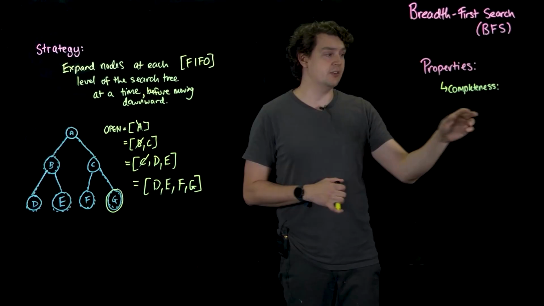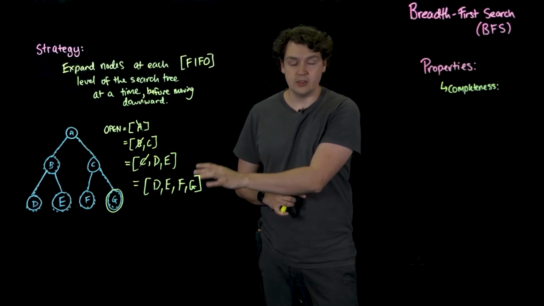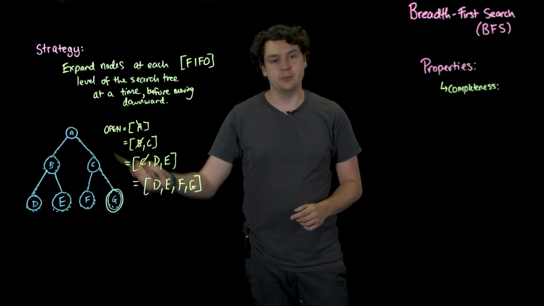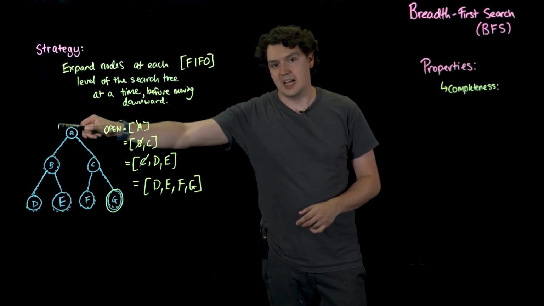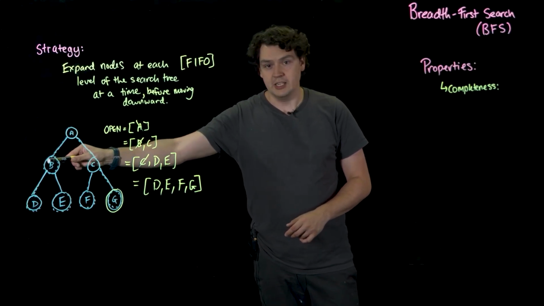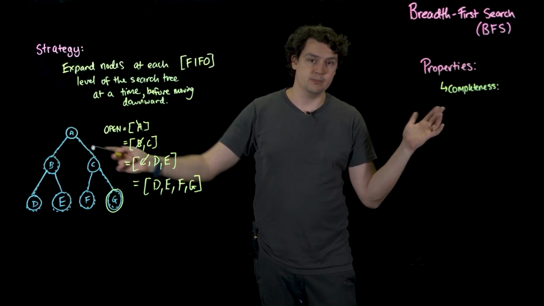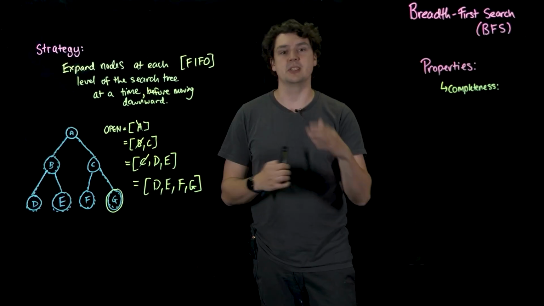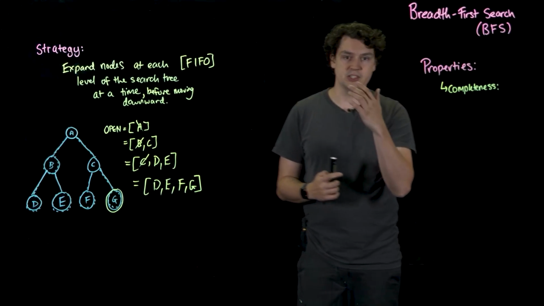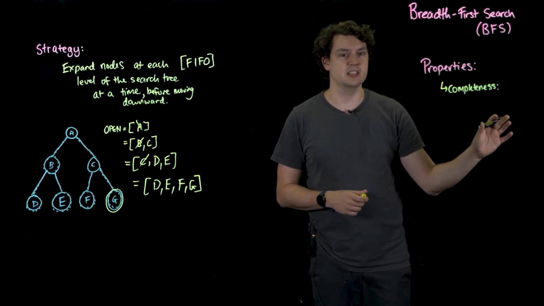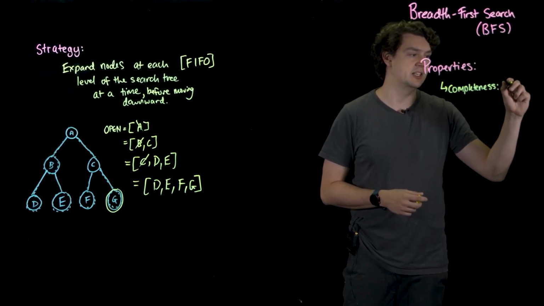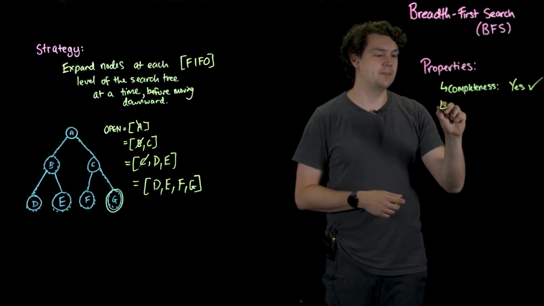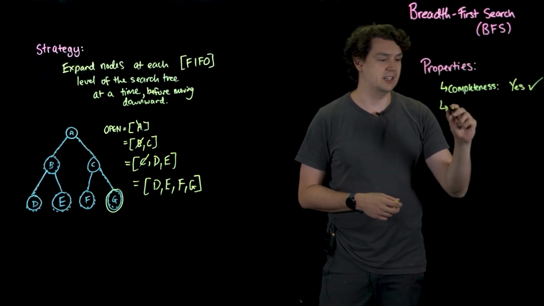In order for an algorithm to be complete, no matter where the goal node is, you need to be able to find it. It's pretty easy to see that as we progress radially outwards, if the goal was in level 1, it'll eventually be expanded. If the goal was in level 2, it'll eventually be expanded after level 1, and so forth. So it's pretty easy to see that BFS is complete. This is happy days. Now let's talk about optimality though.